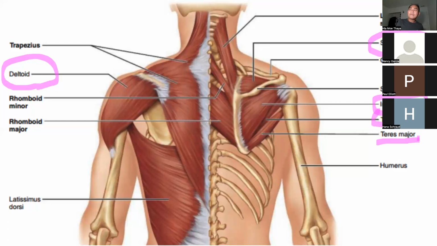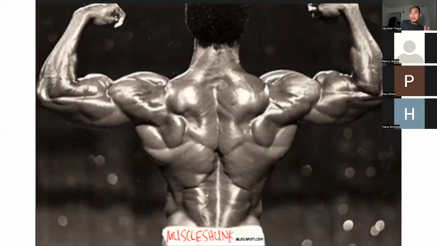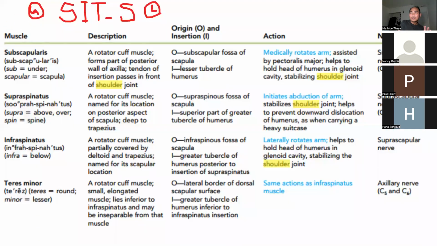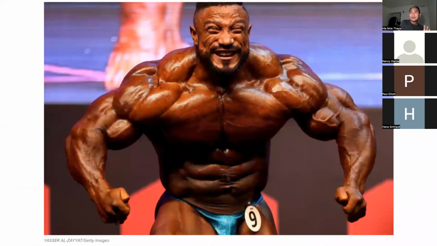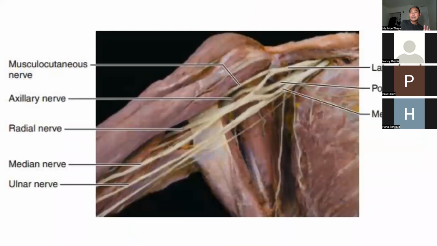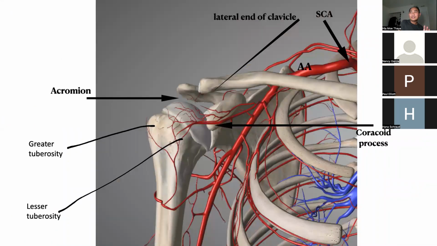Yes, thank you. And then lastly, the teres minor, what part does it connect to? I know it's connected to the scapula. What part of the humerus? So if we go back to the humerus, so here, the teres minor, and so here, the greater tuberosity.